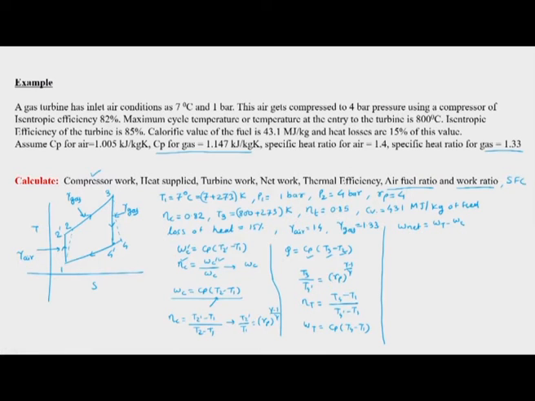Okay, and then we need to find out the thermal efficiency, and this is a little tricky. So the thermal efficiency of the plant is W net upon Q in, but for Q in we have a problem.